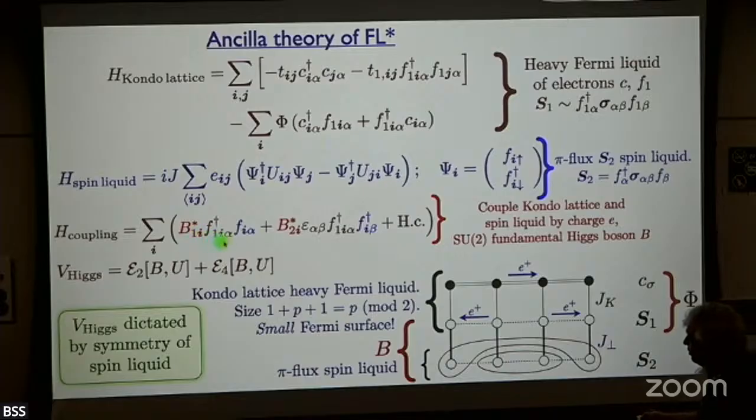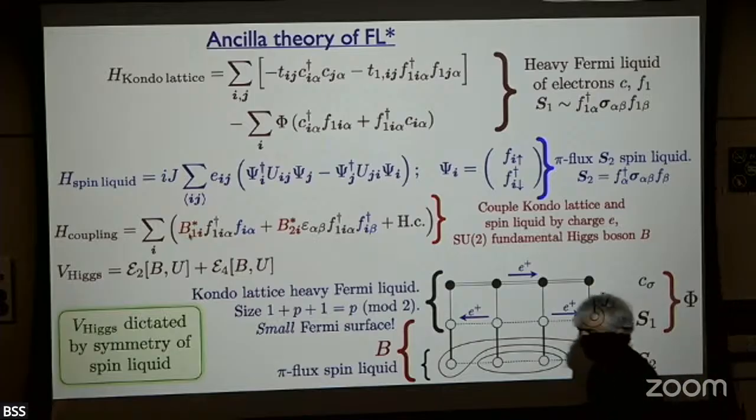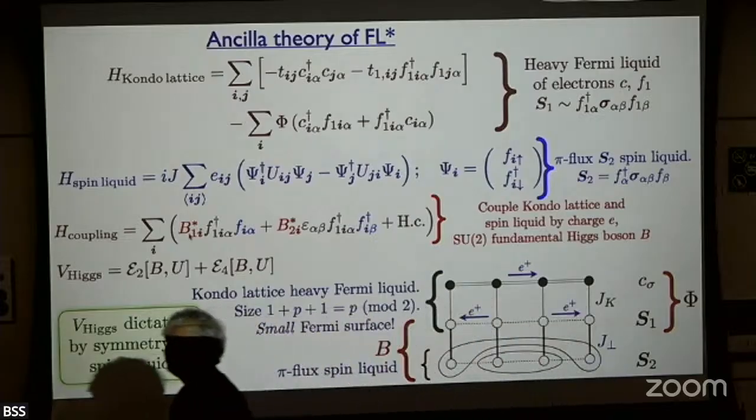On the other hand, F carries an SU(2) gauge charge of the gauge field U. So B also carries the same SU(2) gauge charge for this thing to be gauge invariant. So the notes have a very systematic way of listing all the symmetries. And that's really the key thing to everything, understanding the symmetries.